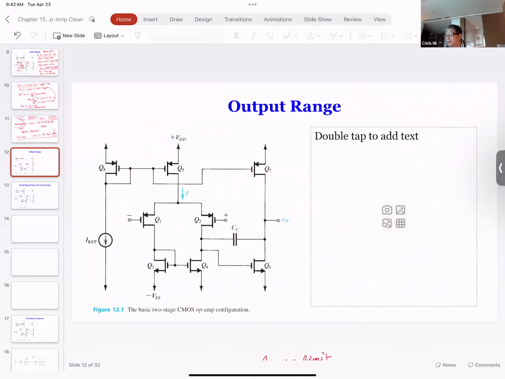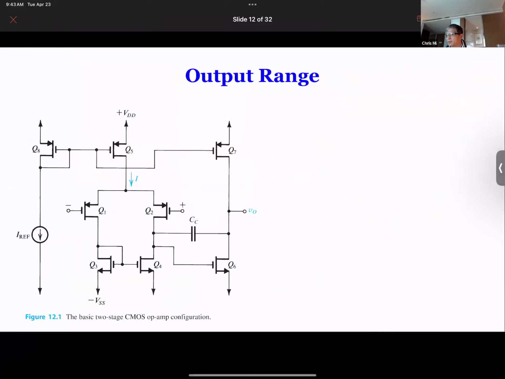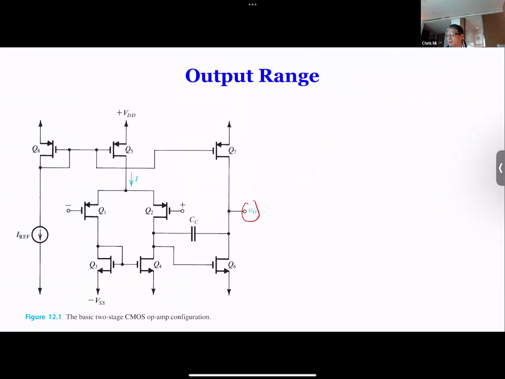So the output range is relatively simple because we just need to look at what is VO in terms of range. Now we have Q7 and Q6. So for upper bound, Q7 has to be in saturation.